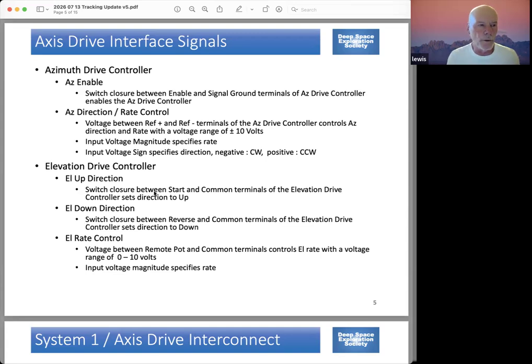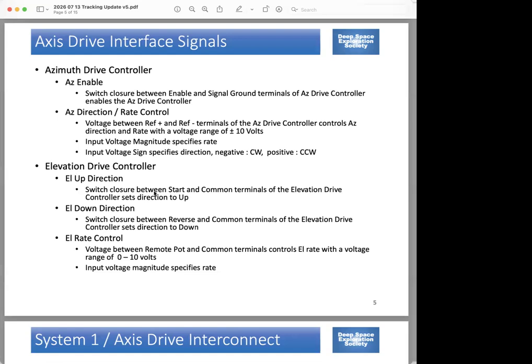If you know the number of poles in the motor, you can figure out the RPMs from that frequency. But the drawing doesn't specify the make and model of the motor, so I've not been able to look up much about it. All right, thanks.